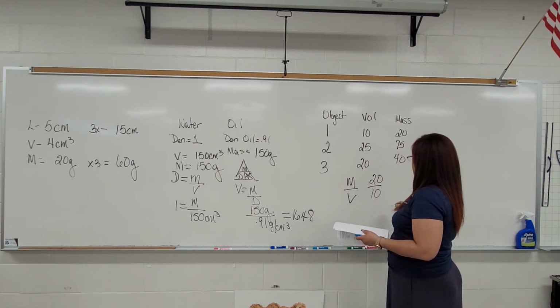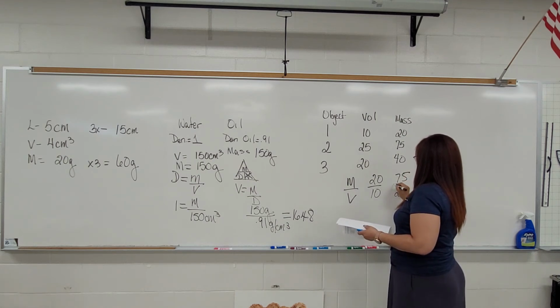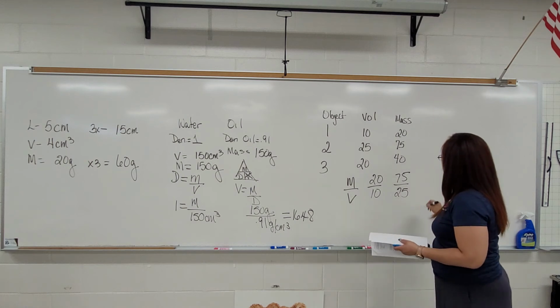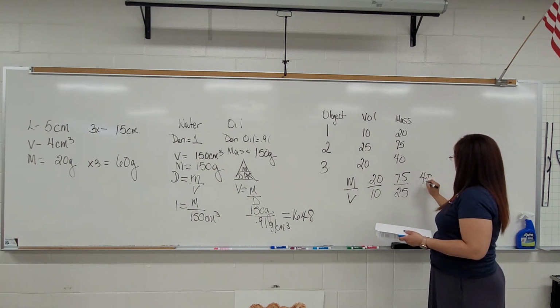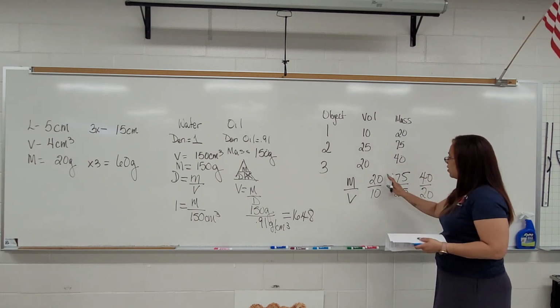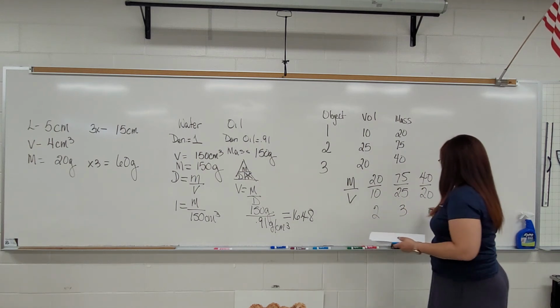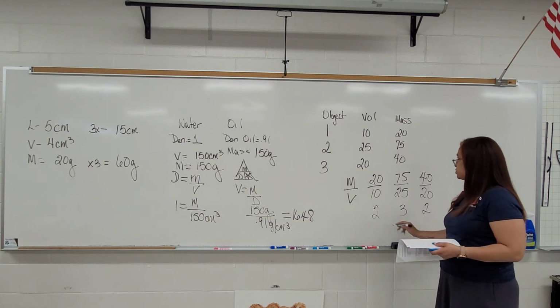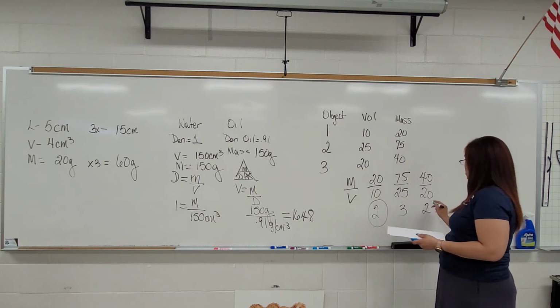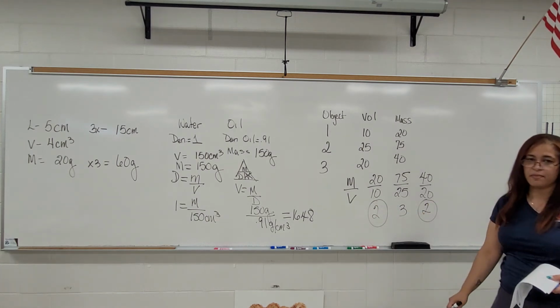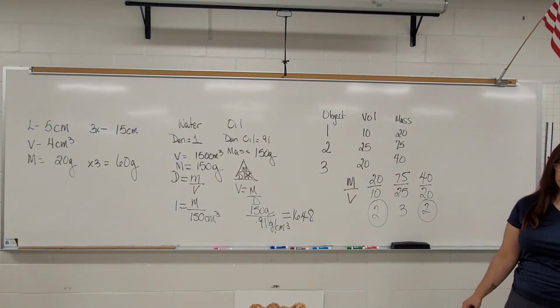For object 2, it is 75 over 25. And for object 3, it is 40 over 20. This is 2, this is 3, and this is 2. So objects 1 and 3 can be the same material since they have the same density.